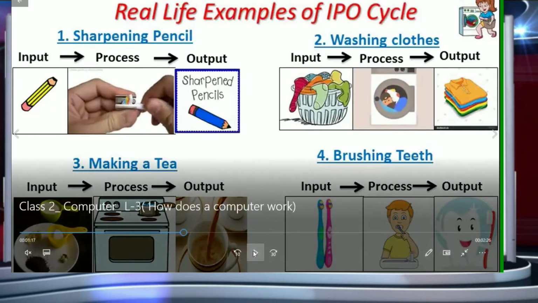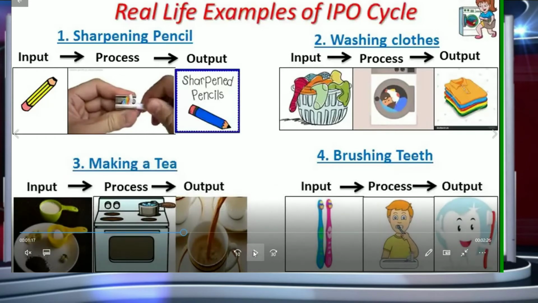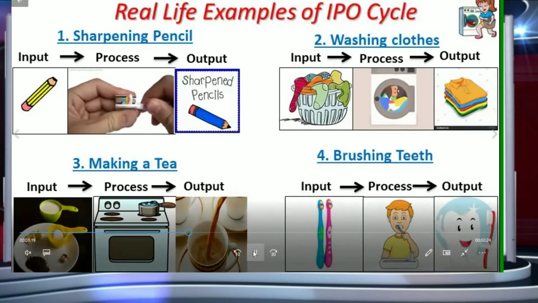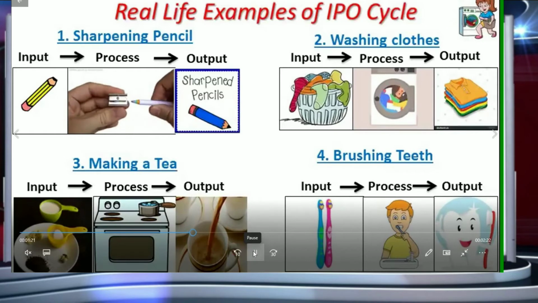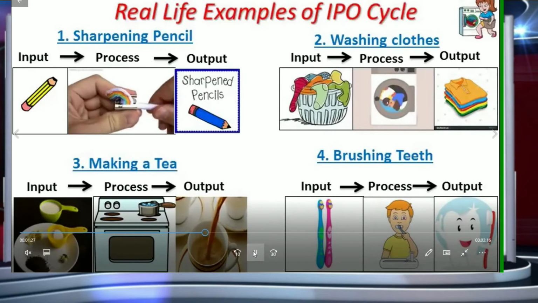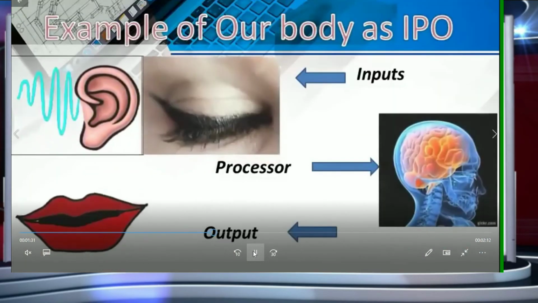You need to have a brush and paste as input. Then brushing the teeth is called the processing and then you get clean teeth, and that's called the output. This is how you can find these examples at home.